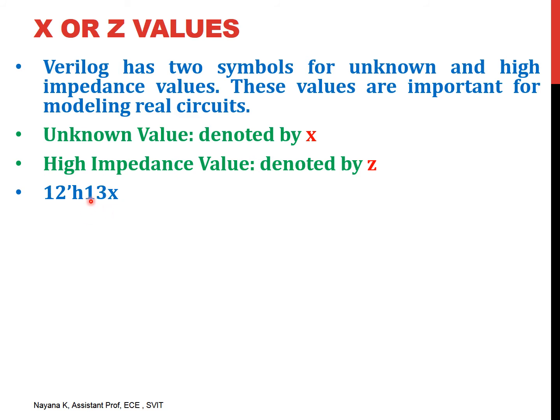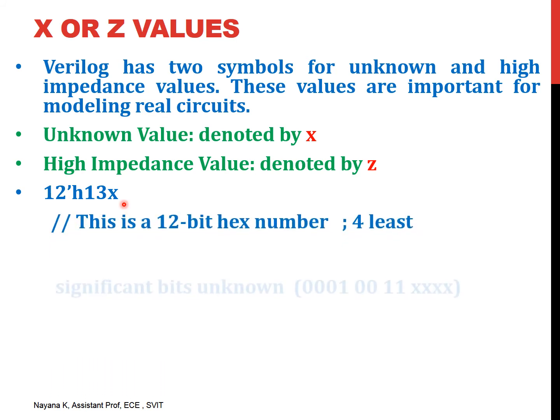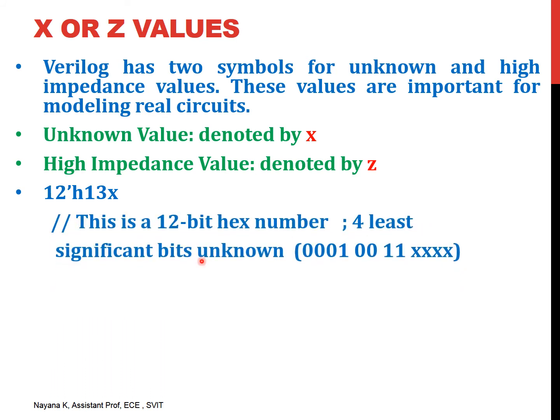So 1 will be represented as 0001, 3 will be represented as 0011, and the least significant digit is unknown, so this will be represented as 4 X's. That is, this is a 12-bit hexa number where the 4 least significant bits are unknown, and it is represented as 0001, 0011 and all 4 X's.